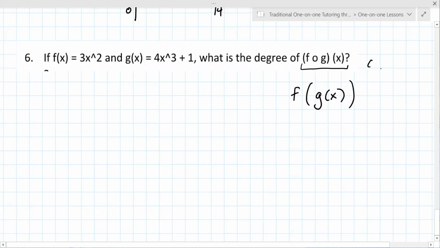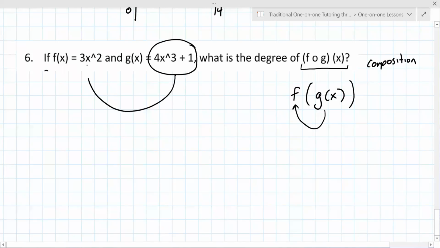And this is called composition. Okay, so which is F of X? I'm sorry, which is G of X? F of X is 3x squared and G of X is 4x cubed plus 1. So G of X goes into F. So this goes into that right there.